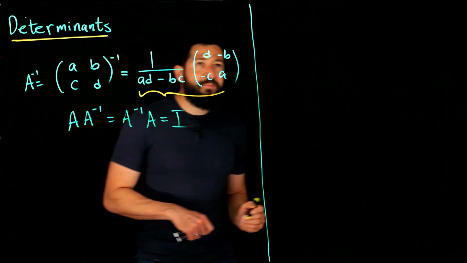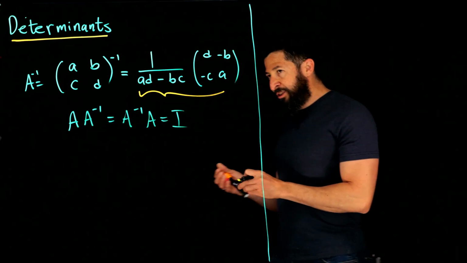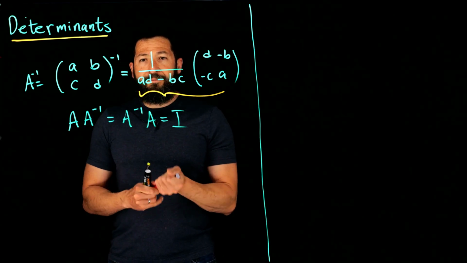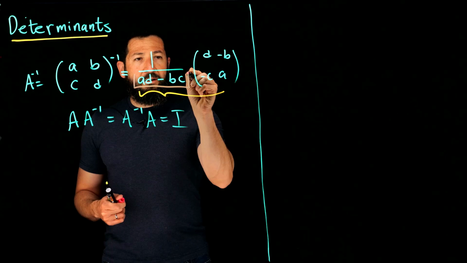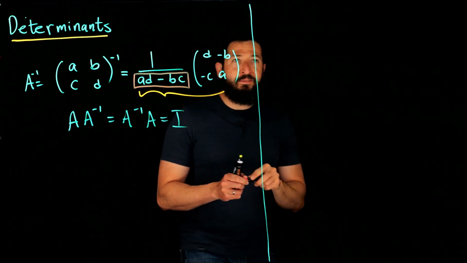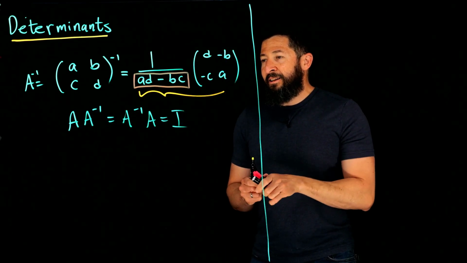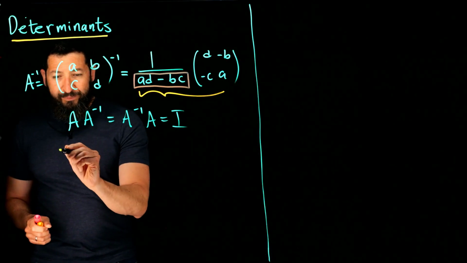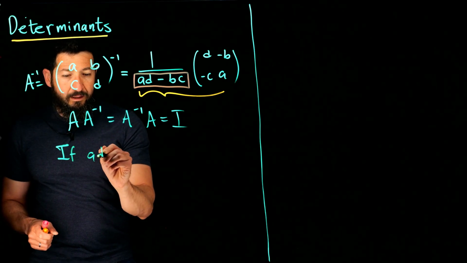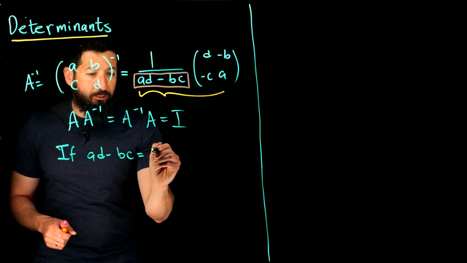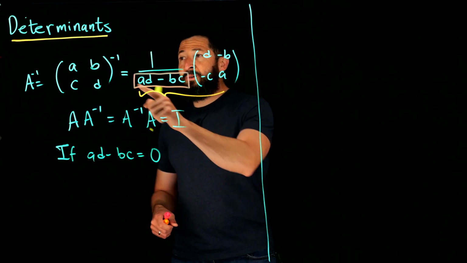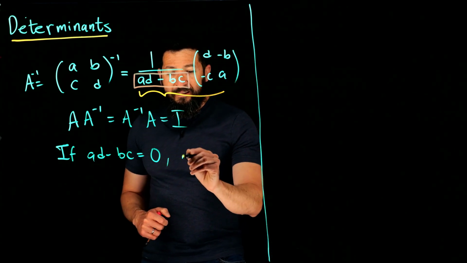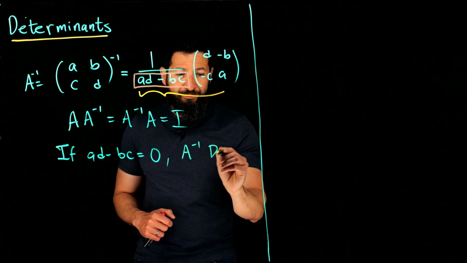All right, so this quantity down here is actually pretty important, because notice the importance of this quantity lies on the fact that if AD minus BC is equal to 0, then this matrix A inverse cannot be defined in such way. So let's say that A inverse does not exist.